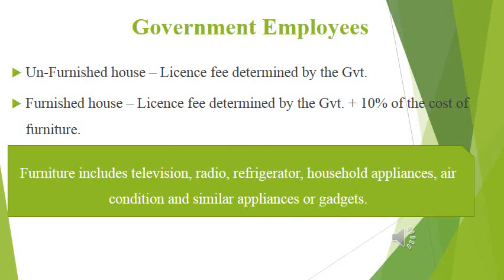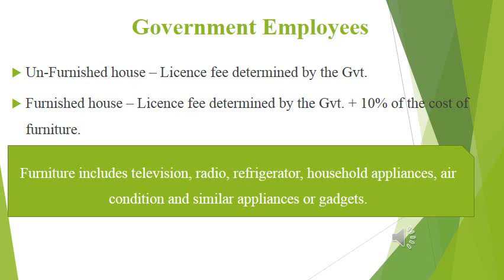See, the first case, that is government employees. If the employee is a government employee and the employer provides rent-free accommodation, the perquisite value is very simple. There is nothing to calculate.